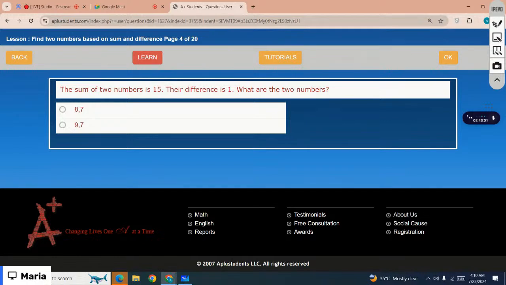The correct option is option number 1, right? That is 8 and 7. 8 plus 7 makes 15. And the difference is 1.